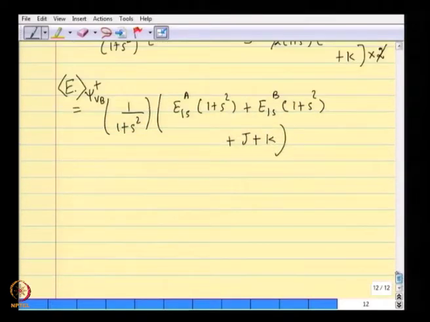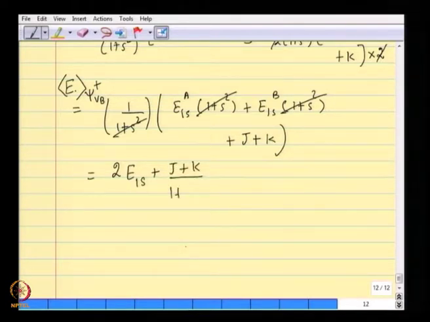And of course, you can cancel this out with that, and so what is the total energy? It is E1s twice, because A and B refer to basically the 1s electron hydrogen energy. So twice E1s plus J plus K divided by 1 plus S square.